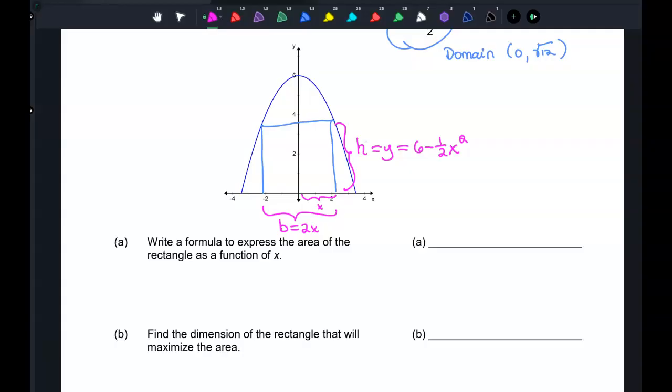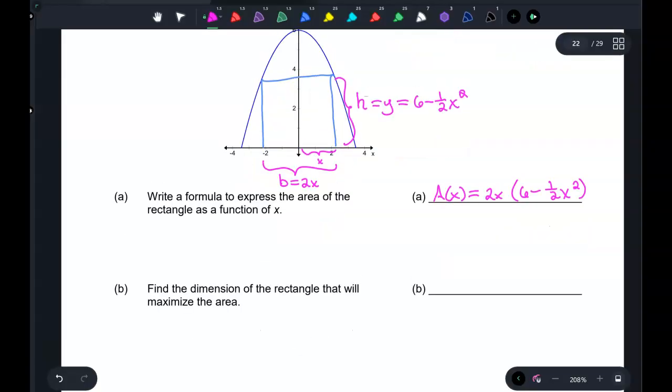So what is my area formula? Base times the height. Now you could also multiply it out, but if you're just writing the formula, you can leave it like this.